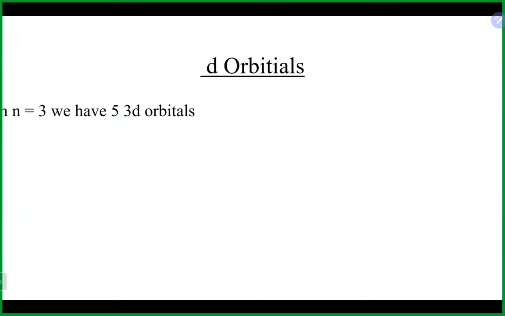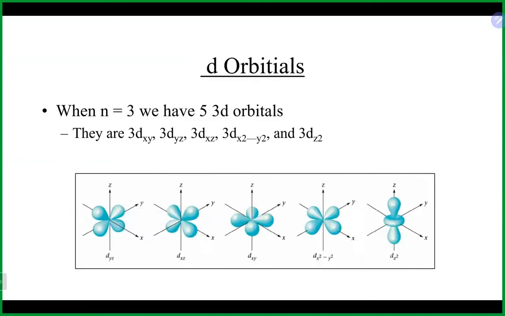The next type of orbitals are what are referred to as d orbitals, and d orbitals do not start until you get to the 3rd energy level. And there's actually 5 different d orbitals. And as you can see down here is a picture of each of those.